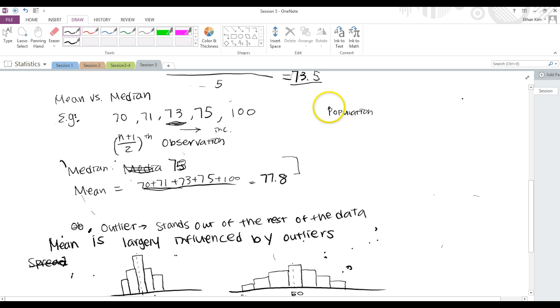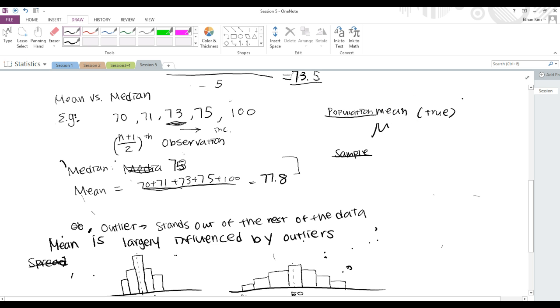Population means the entire collection of units, and a sample is a subset of the population. A small portion of the population is called the sample, and the population mean is the true mean, right?